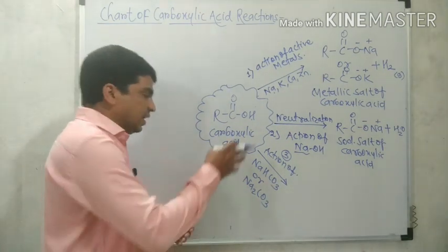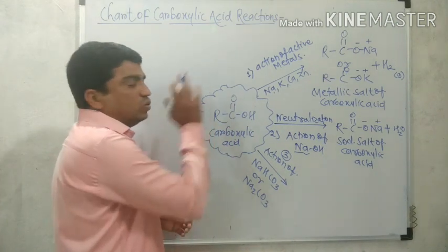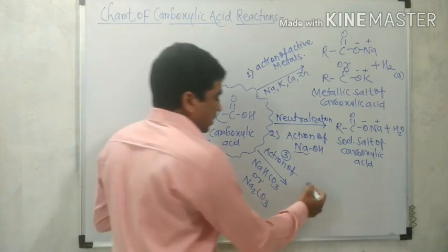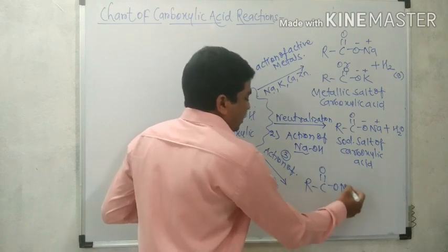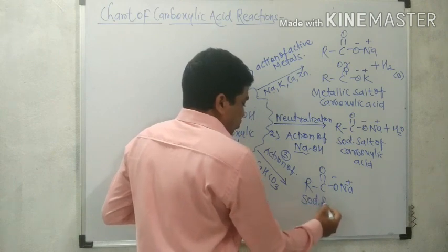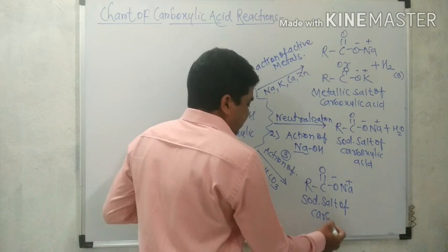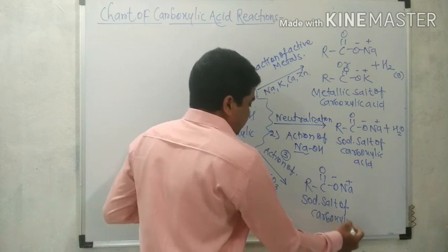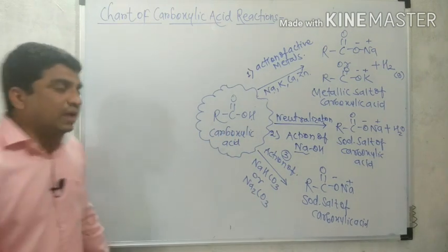Either NaHCO3 reacts with carboxylic acid or Na2CO3 reacts with carboxylic acid. Here we obtain RCOONa again. In this reaction also, the sodium salt of carboxylic acid is obtained as the product.